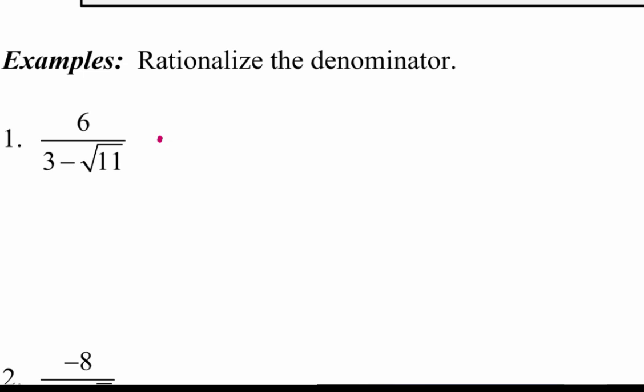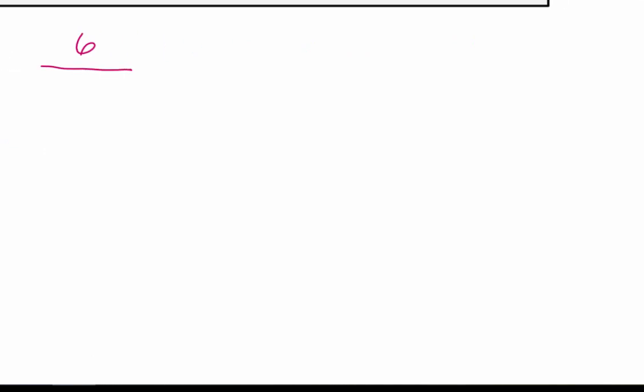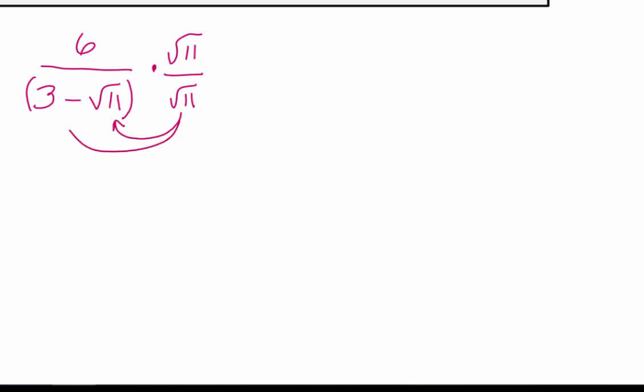So here's our fraction. Now if we multiply by square root of 11, this was the technique that worked for us previously, right? I just want to remind you that we would be distributing this square root of 11. So what would we get down here in the denominator?